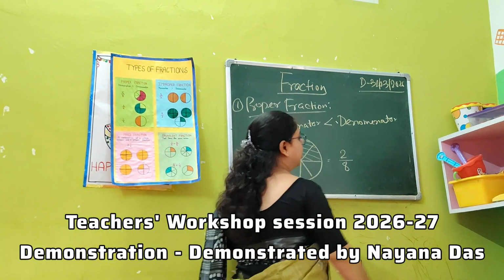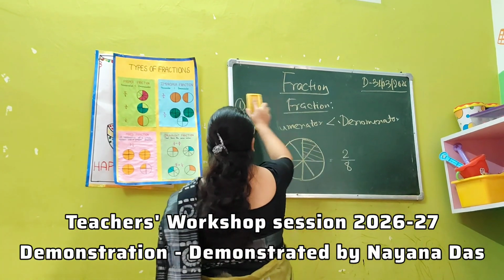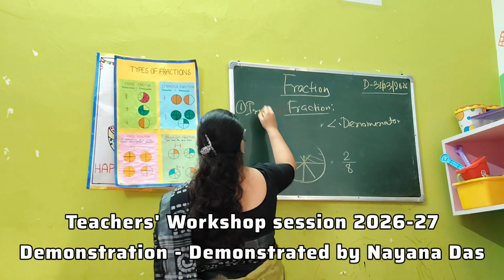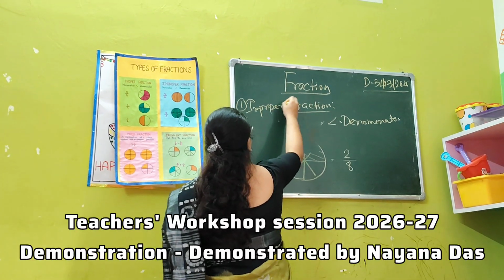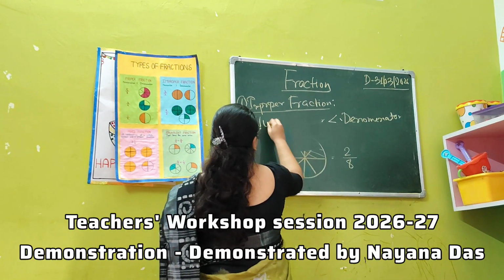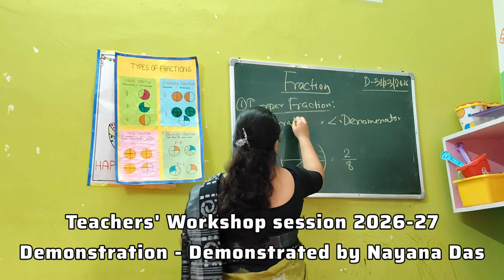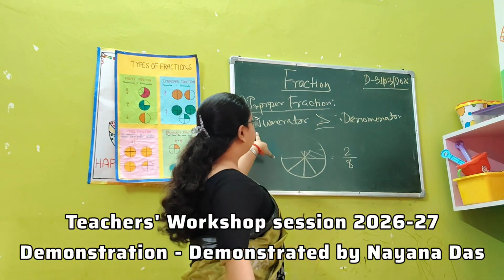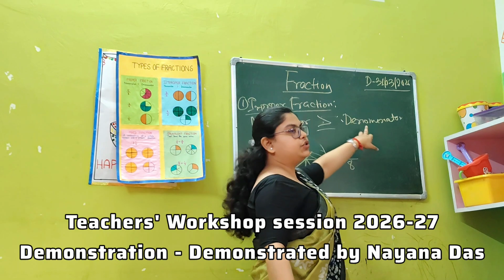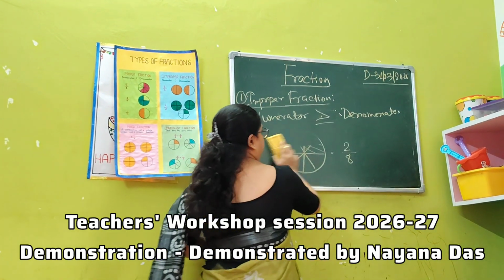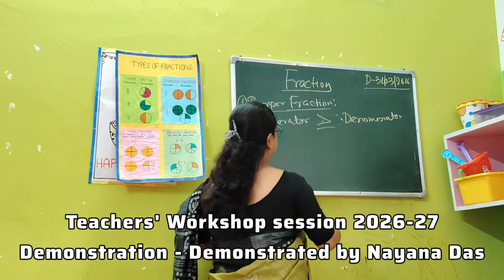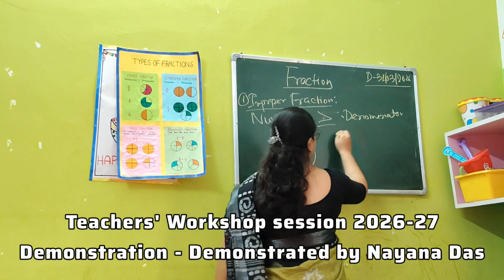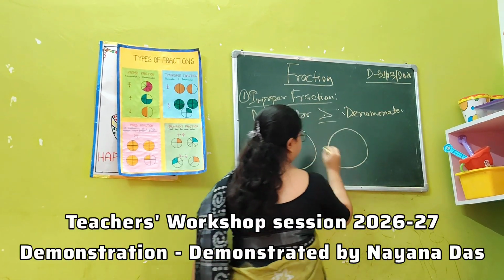Now next is improper fraction. In an improper fraction, the numerator will be greater than or equal to the denominator. I will give one example. Let's say we are taking 2 whole things.